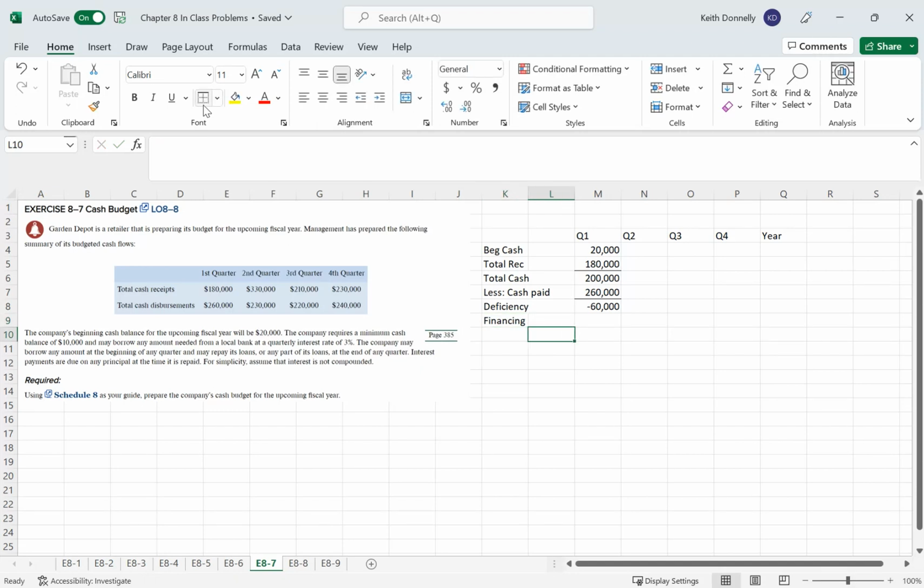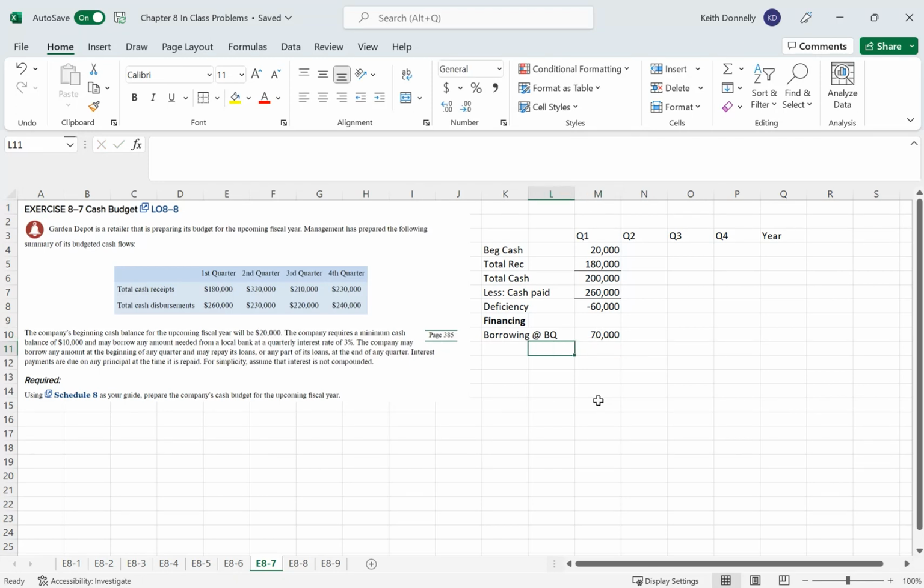So our borrowing, at the beginning of the quarter, looks like over here, let's see how much they're telling us we're borrowing. Okay, so this one we kind of have to back into a little bit. So they're telling us over here that we need a minimum cash balance of $10,000 at the end of the quarter. It's like always the case. We're in the hole negative 60. So to get us there, we got to borrow 70,000.